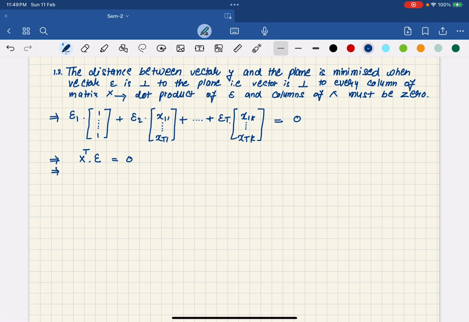Okay, now your error term vector is y less x dot beta hat. So you need to substitute this value here. Then we will get something like this.